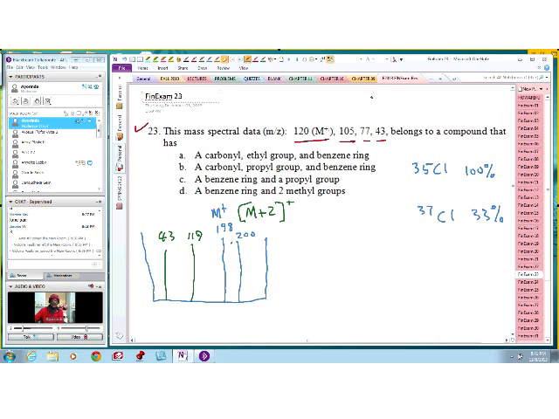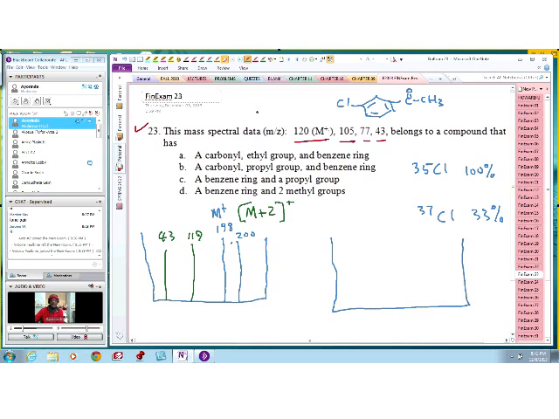So if we go back to this molecule again, and we have chlorine here, the mass spectrum of that molecule will look like this.